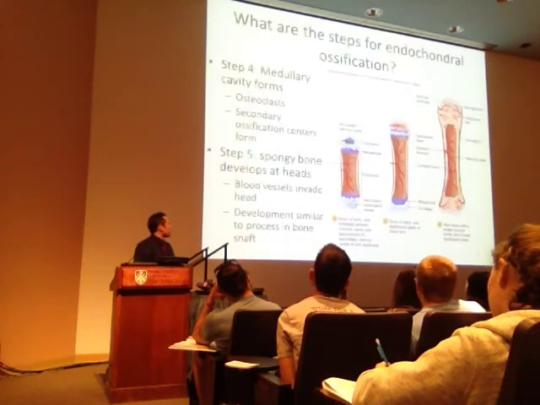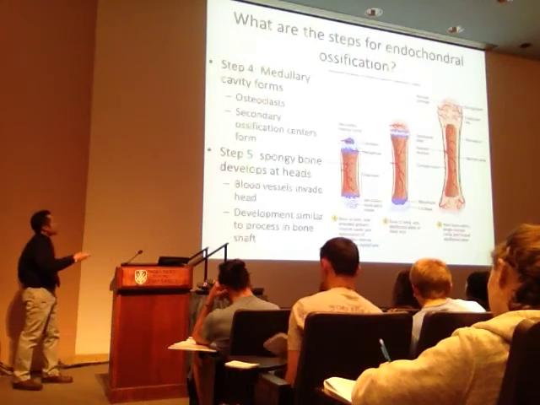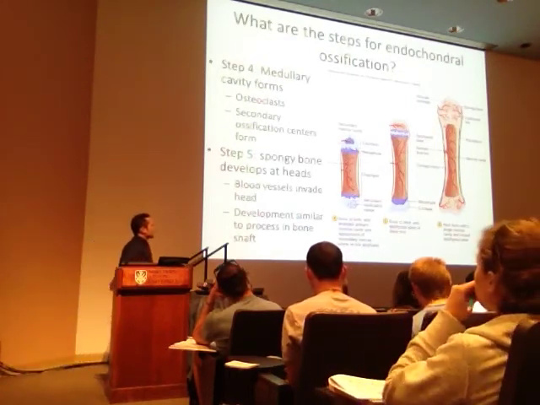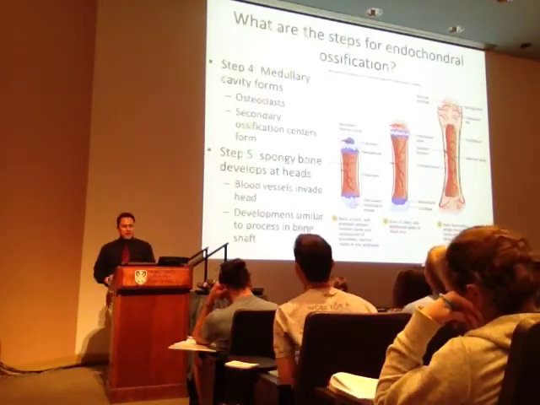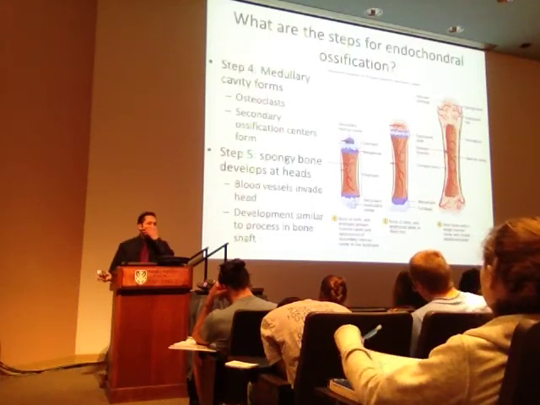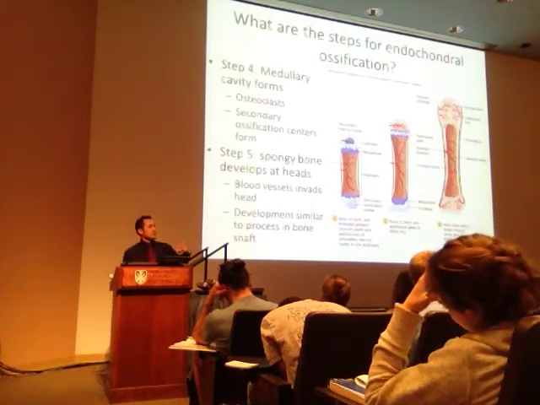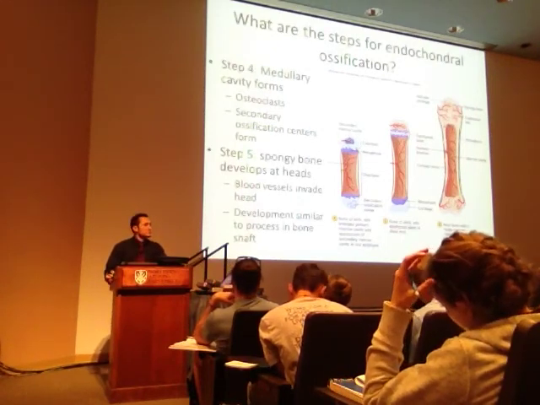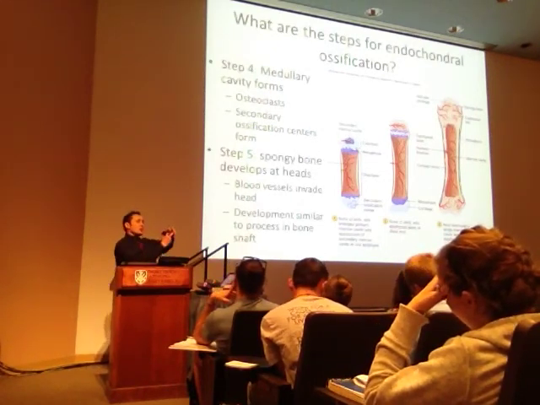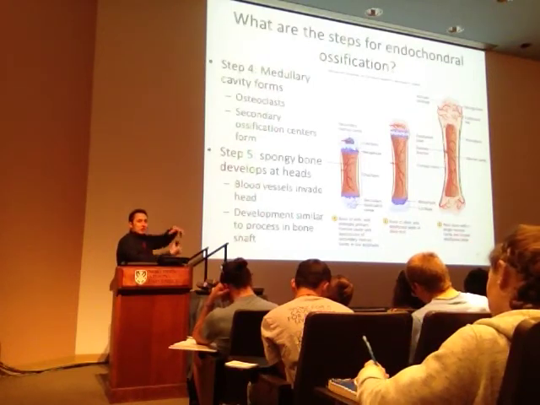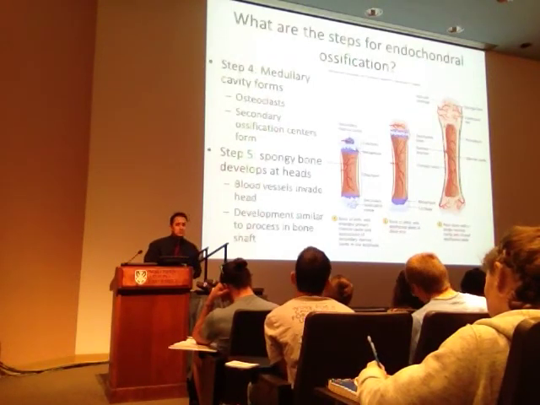All right, step number 4. This medullary cavity actually starts to form, where you're allowing these hematopoietic cells to take residence and differentiate, or that's a fancy word to say, turn into marrow, bone marrow. Osteoclasts help to continue to hollow out the inside of that marrow cavity, because osteoclasts degrade bone.